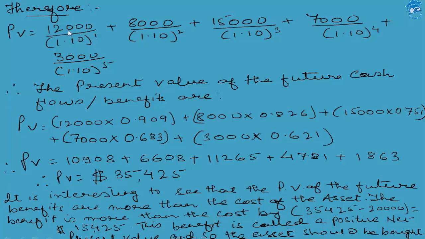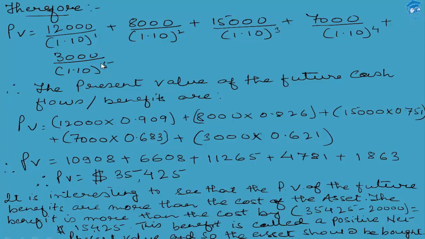We can also show it as 12,000 multiplied by 1 upon 1.10, or 8,000 multiplied by 1 upon 1.10 to the power of 2, or 15,000 multiplied by 1 upon 1.10 to the power of 3, or 7,000 multiplied by 1 upon 1.10 to the power of 4, and for the last year 3,000 into 1 by 1.10 to the power of 5.